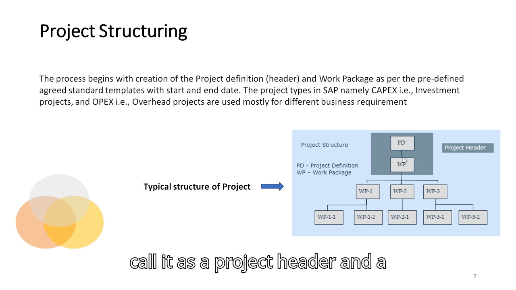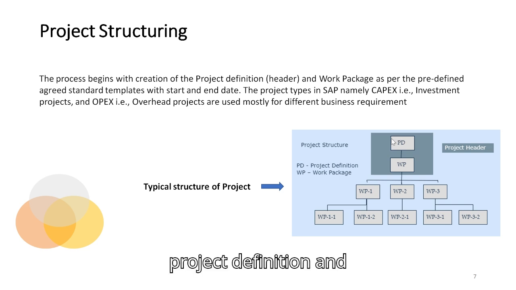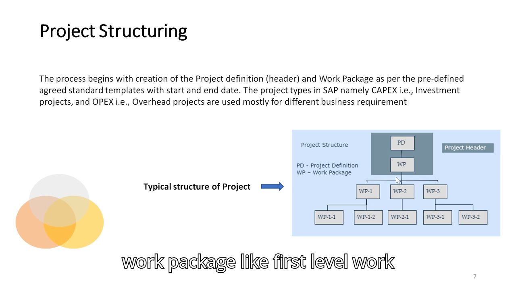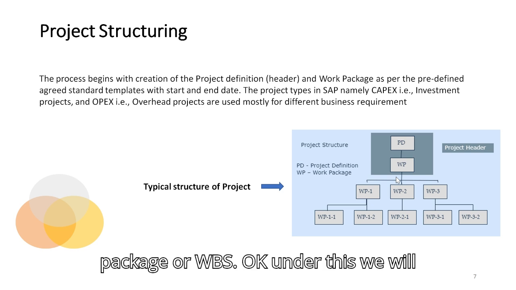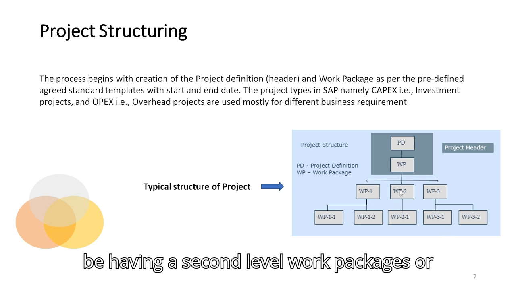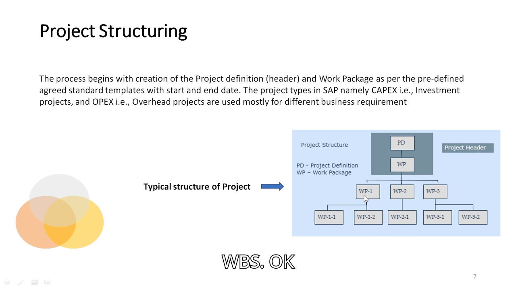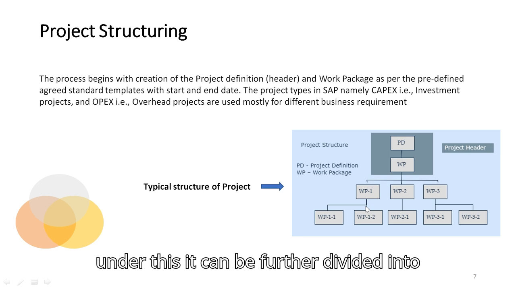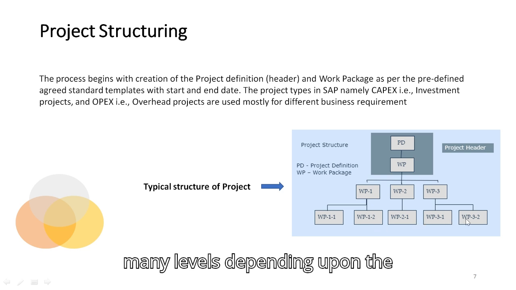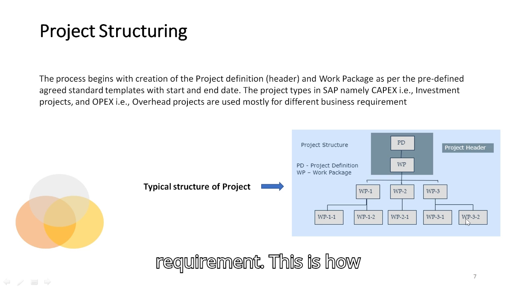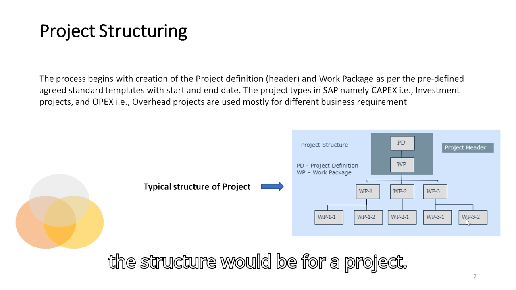So combined, we call it a project header: project definition and first level work package or WBS. Under this we'll have second level work packages or WBS. Under this it can be further divided into many levels depending upon the requirement. This is how the structure would be for a project.